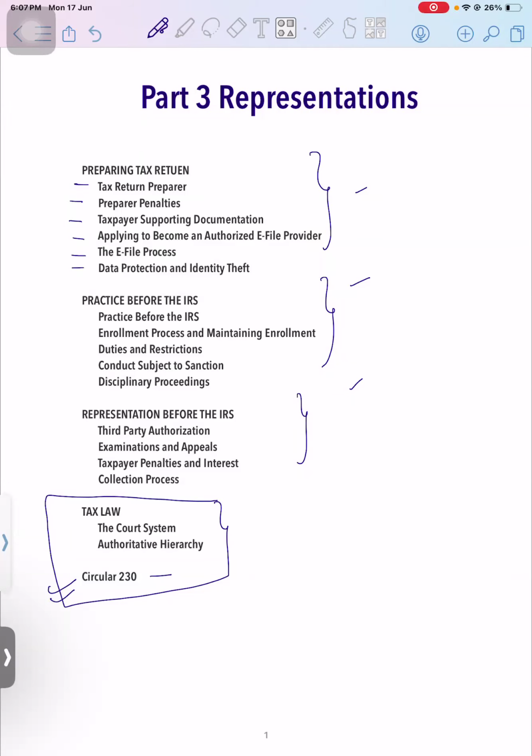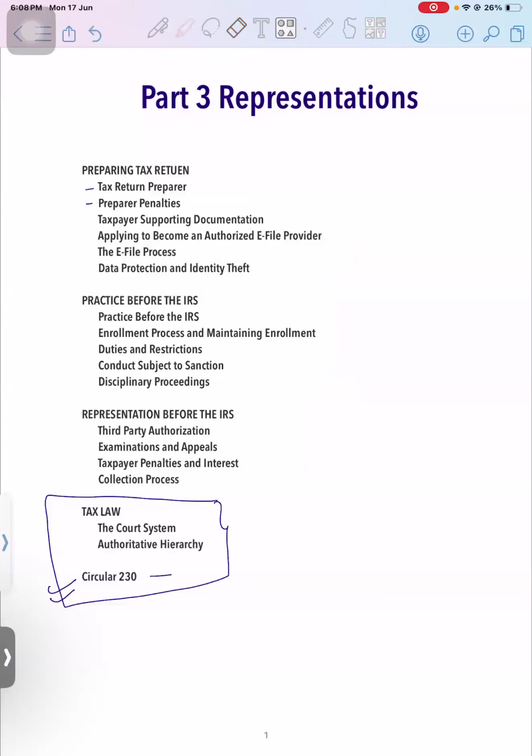In Circular 230 there are a lot of sections, right? Section 10.10, 10.11, 10.12, like this there are a lot of sections. No need to remember each and every section, but those are required to be remembered along with the topics we have included in the book itself, just after the topics.